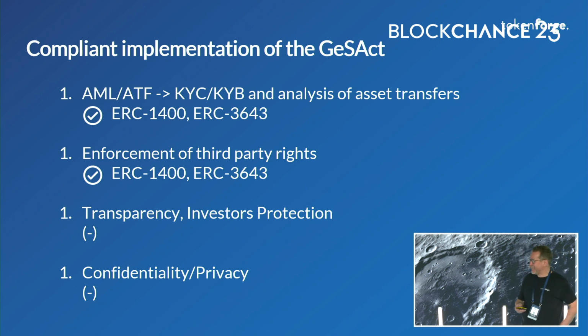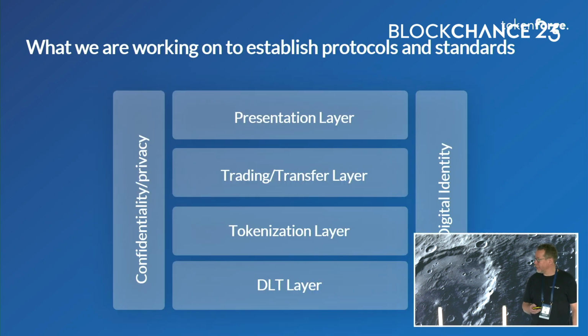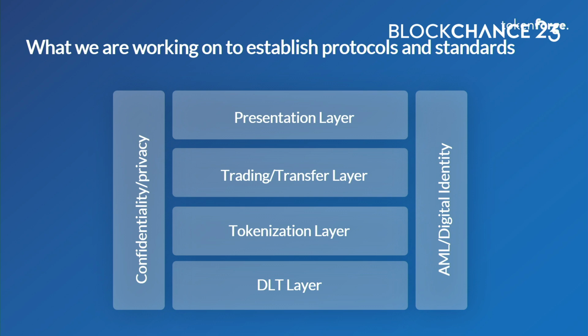And what is not implemented at all is confidentiality. So the privacy is not there, and that's why we are working on this kind of structure, where we have a DLT layer that has to be changed a little bit to introduce privacy.